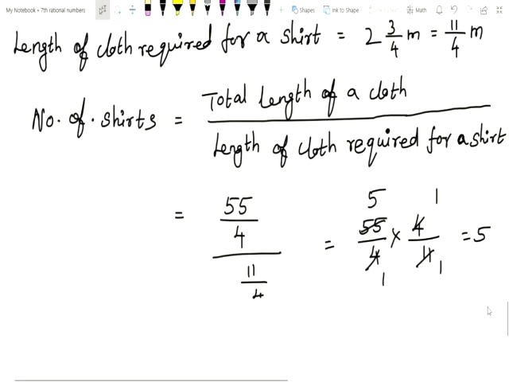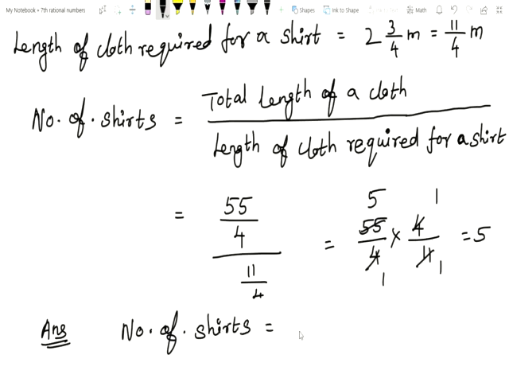Number of shirts equals 5. Okay, 5 shirts can be made. Do you understand, children? Thank you, children.